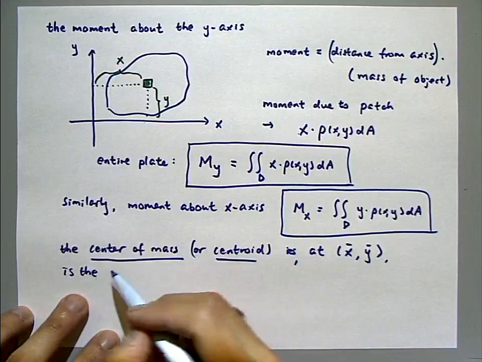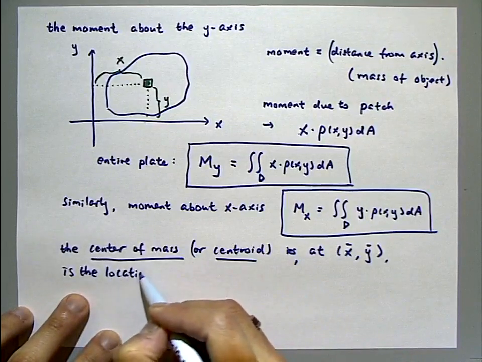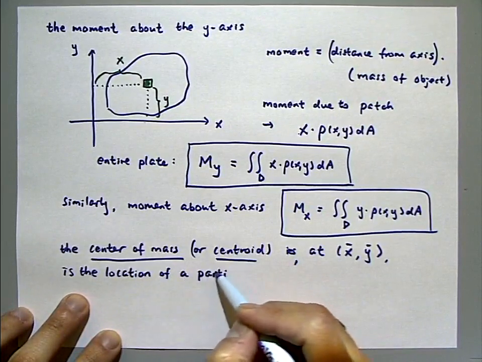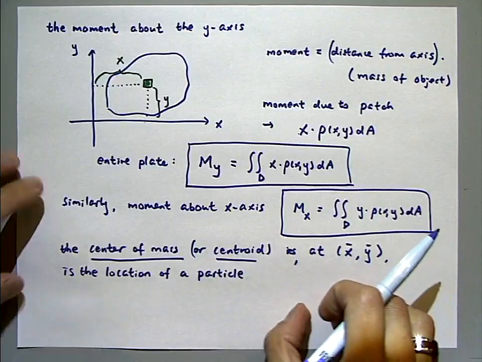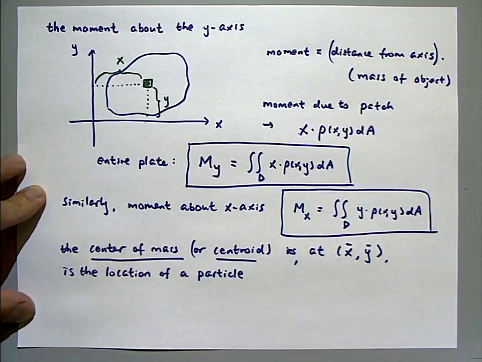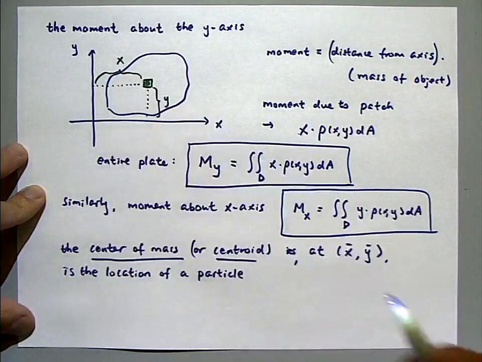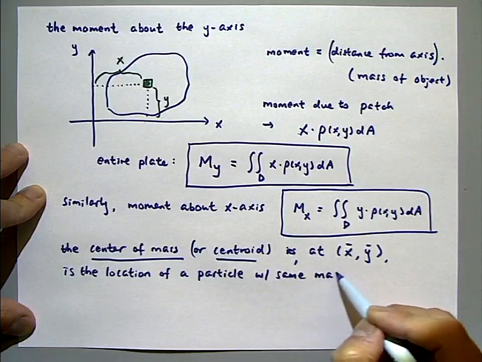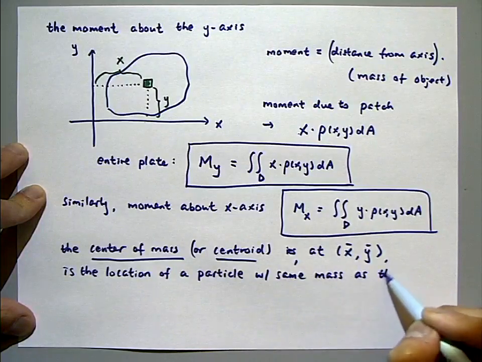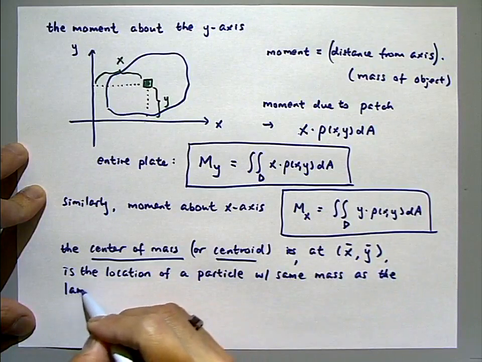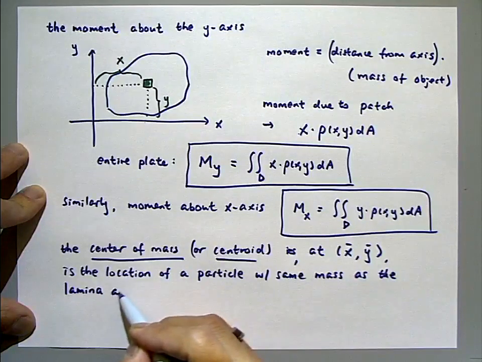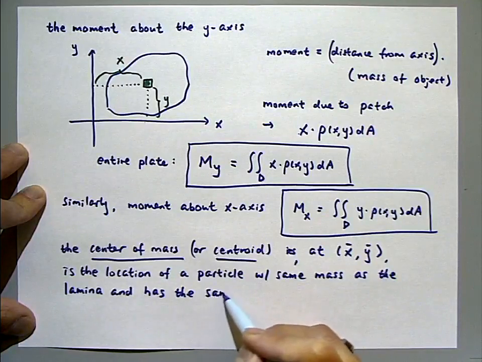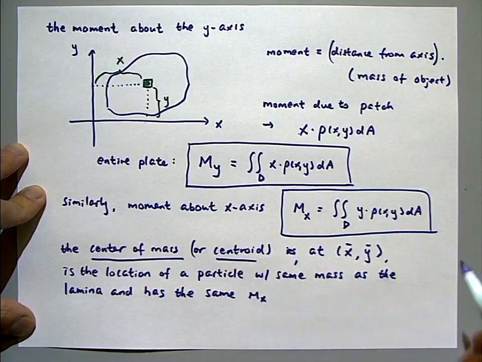And the center of mass is the location of a particle that has the same mass as the lamina, and also has the same moments.